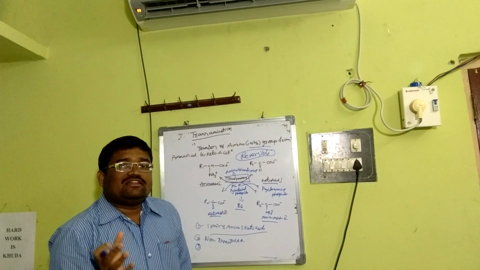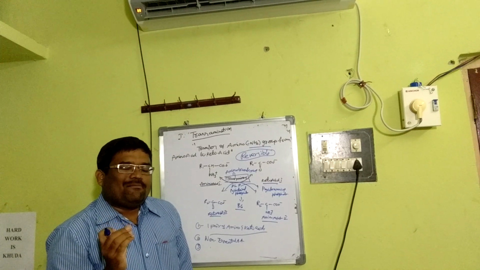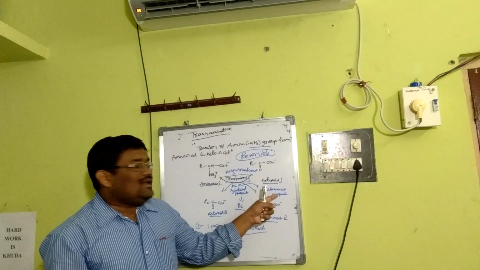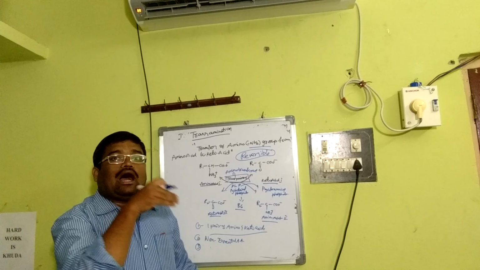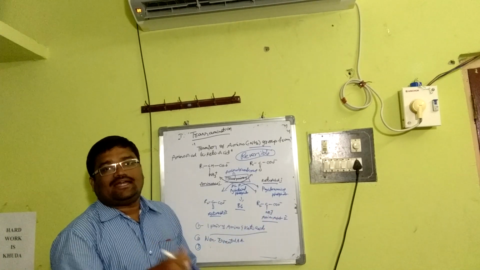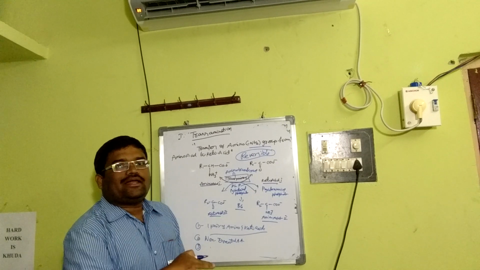Pyridoxamine phosphate, as the word implies, contains an amino group. And this pyridoxamine phosphate will transfer the amino group to another keto acid so that it will become a second amino acid. So, one pair of amino acid and keto acids.